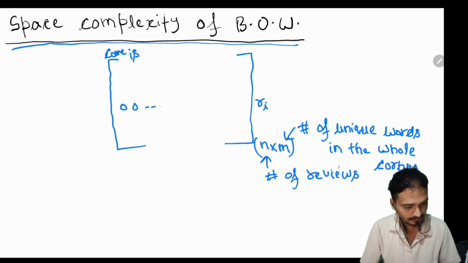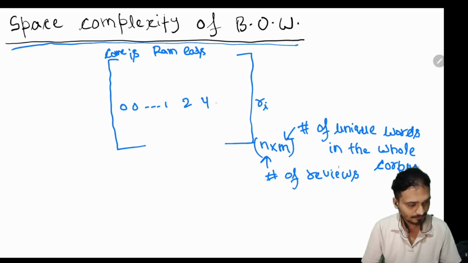And at some point, let's say some word is available, let's say ram, so here will be 1. Let's say it's available twice, so here will be 2. And same for mango or something else, let's say we have here 4. This word is available 4 times in that review, and remaining all will be 0 0. So everything else will be 0, with 1, 2, 4 non-zero. Let's say we have 3 unique words in that particular ri.